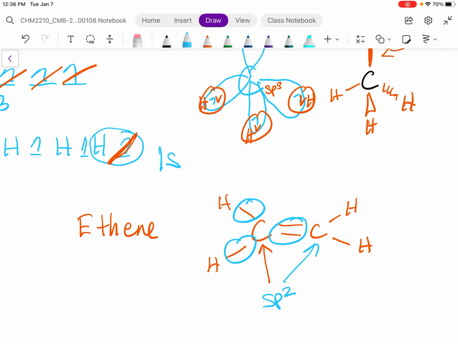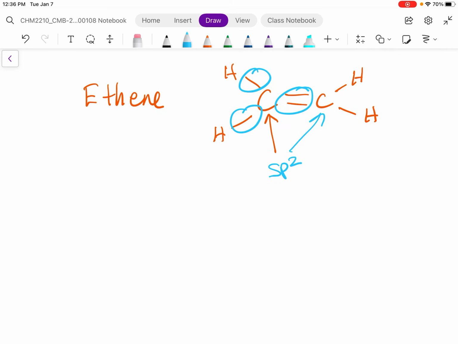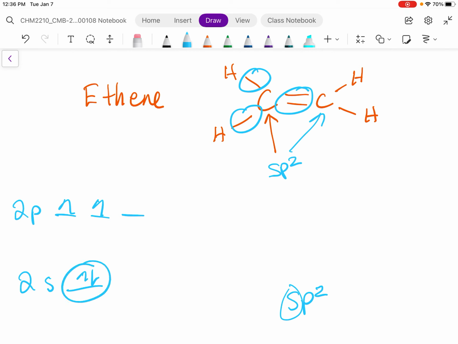So how many sp2 orbitals are we going to have? Well, let's figure it out. If we start with the 2s, and then we have a 2p, like that, and I said, and you figured out, that we have to hybridize that to a sp2, what does that look like? That is telling me I'm taking one of the s's and 2 of the p's.